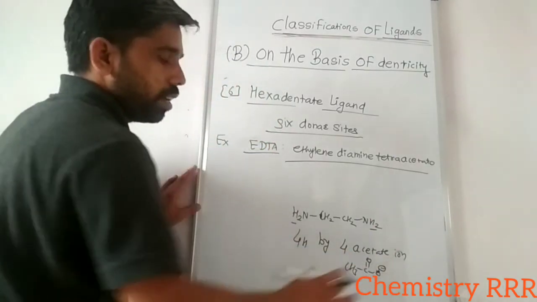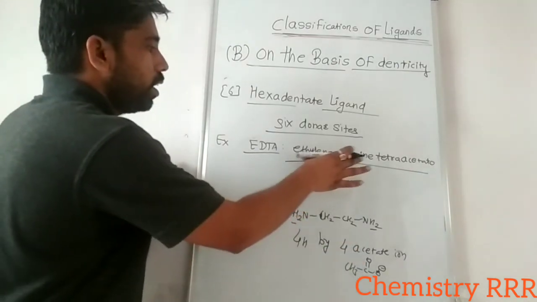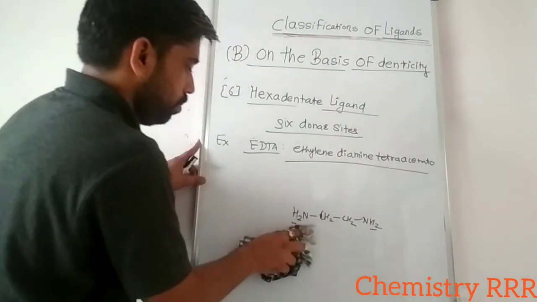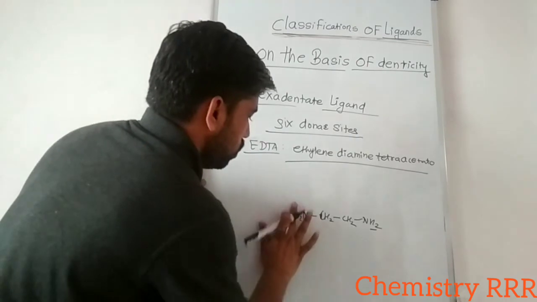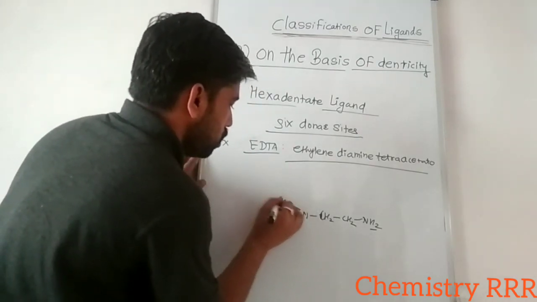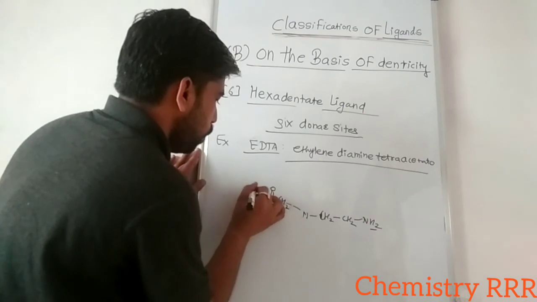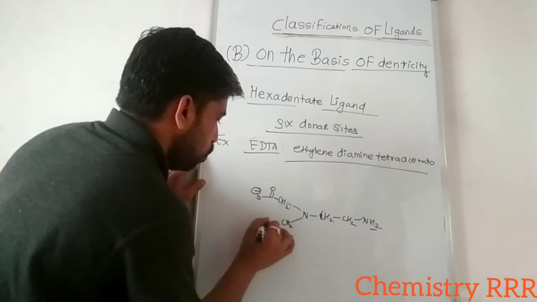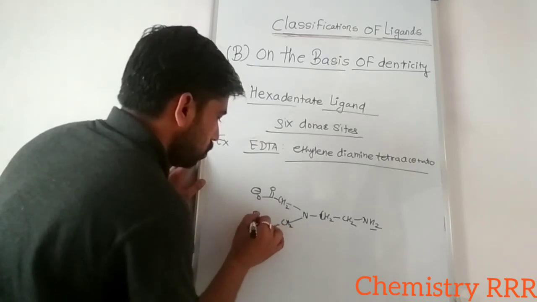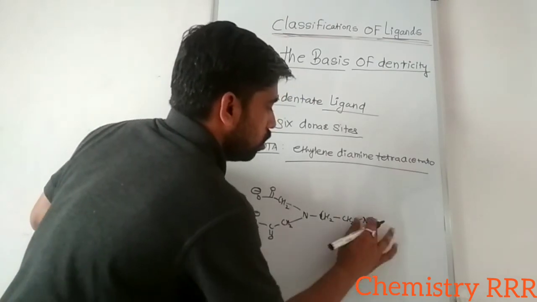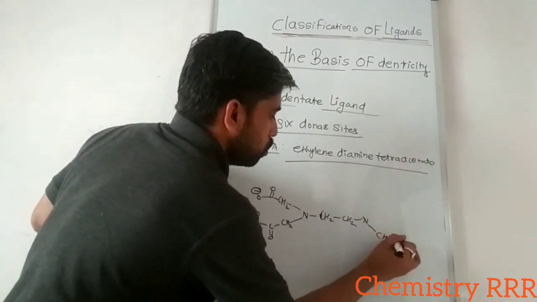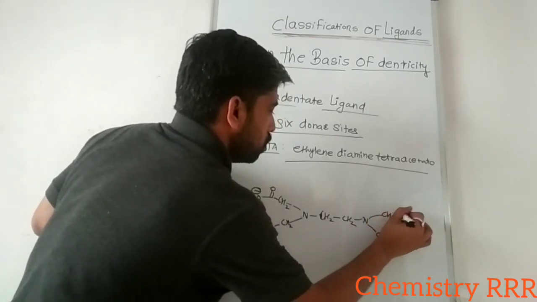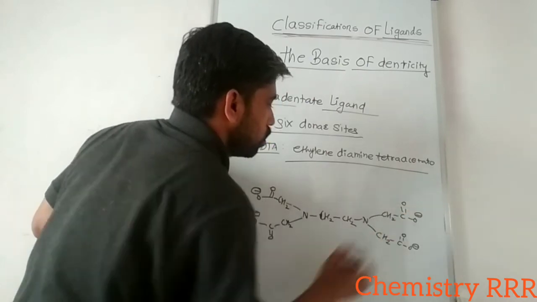We get the structure of ethylene diamine tetraacetate. The structure is CH2 C double bond O, O minus; again here CH2 C double bond O, O minus; on this side also CH2 C double bond O, O minus, and CH2 C double bond O, O minus.